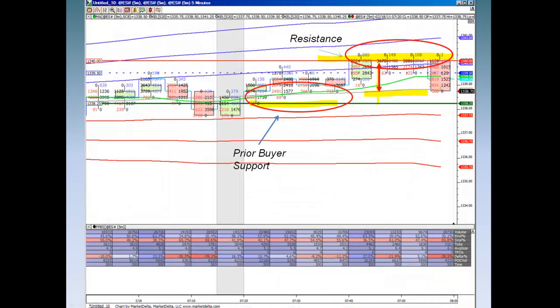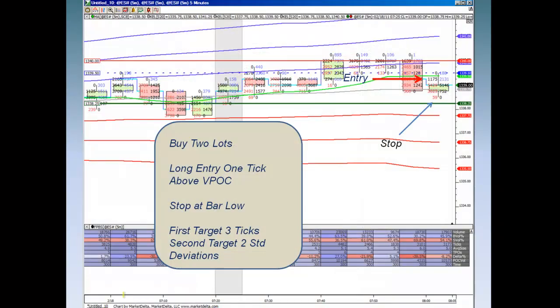If I keep my eye on the profile and I see what is happening to the left, I know that I should not be taking a short, but what I should be looking for is the next opportunity to go long. All right, and fortunately, it doesn't take long. The opportunity comes quickly.